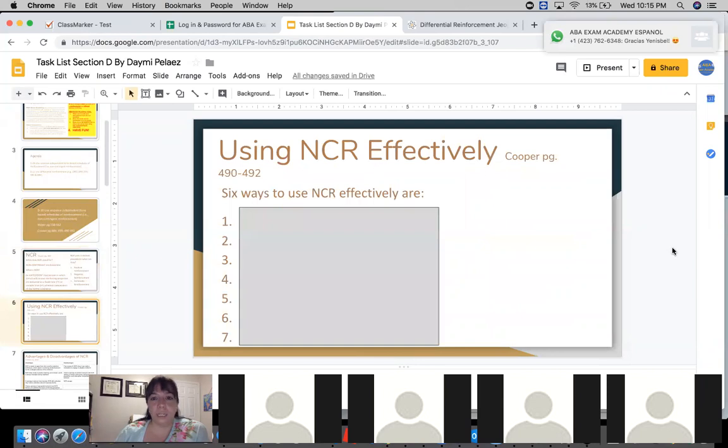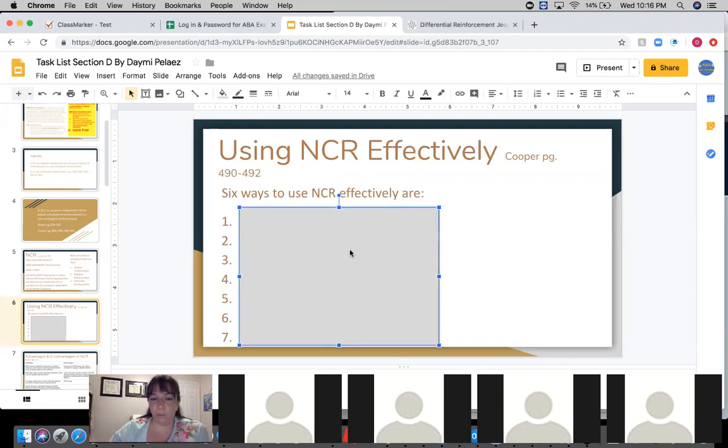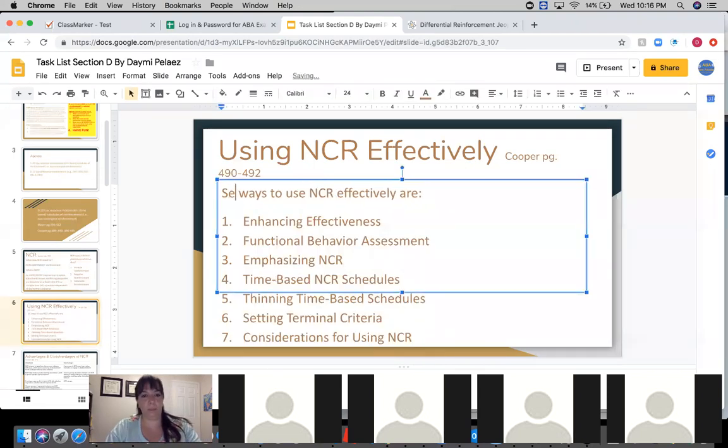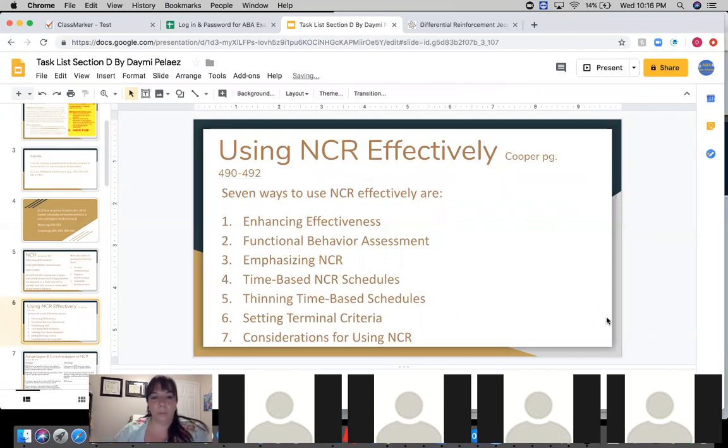Okay, so using NCR effectively. 6 ways to use NCR effectively are. So there's 6 different ways. Okay. Since I don't hear anyone, let's see if I can have 6 different people. Oh, I have 7 here. Okay, so 6 different people help me out with reading them. Okay, number 1 is what?